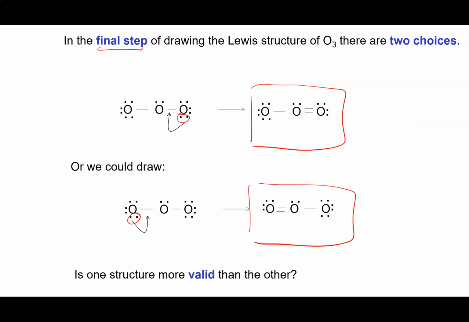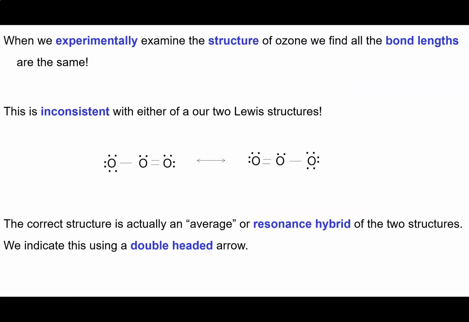So is one better than the other? Does it matter? What's going on here? What is the real structure? Do we really have 1 single bond in ozone and 1 double bond? Are there really 2 different kinds of bonds here? Well, when you look experimentally at the structure of ozone and you measure those bonds, you find that both of the bonds are exactly the same length, which indicates that there aren't 2 different types of bonds, right?